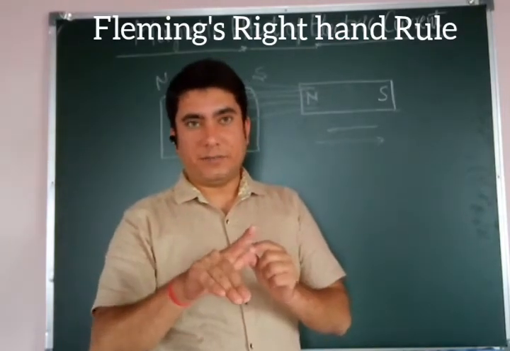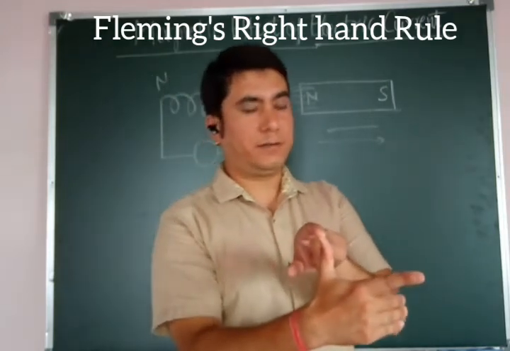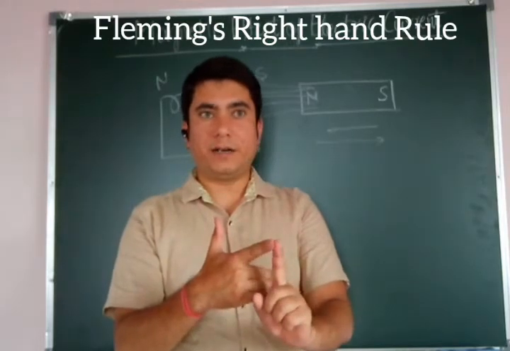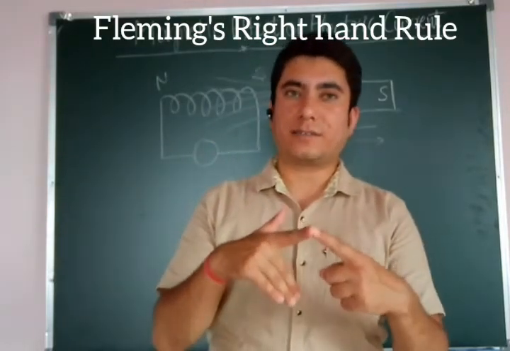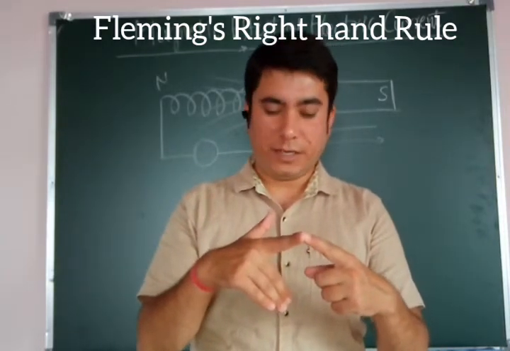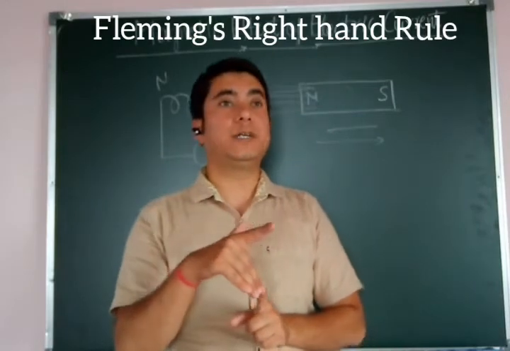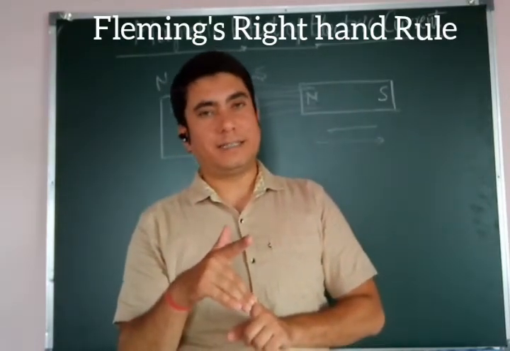In that condition, the thumb represents the motion of the conductor, the first finger represents the magnetic field, and the middle finger represents the induced current, induced EMF in the circuit. Is it clear?